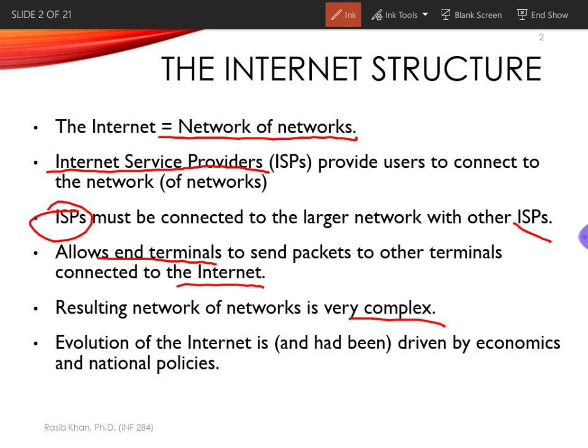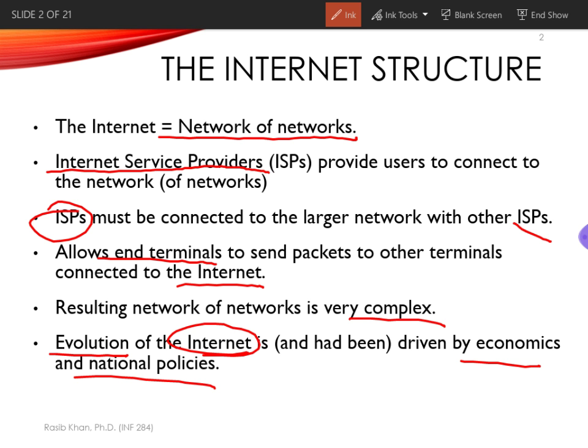And over time, we have seen that the general evolution of the internet has been primarily driven by a lot of financial and economic reasons, in addition to various national policies. For example, there are certain countries which have very strict privacy policies.